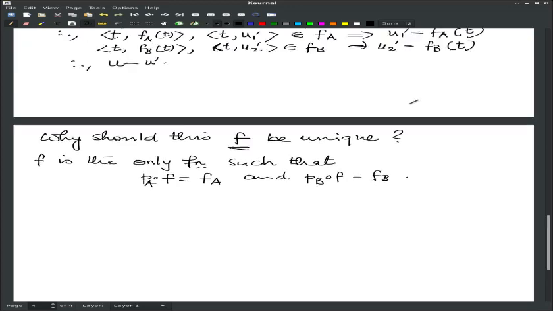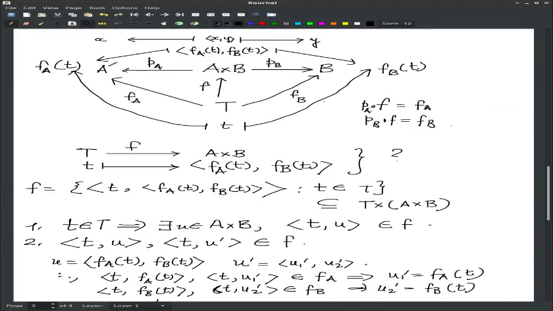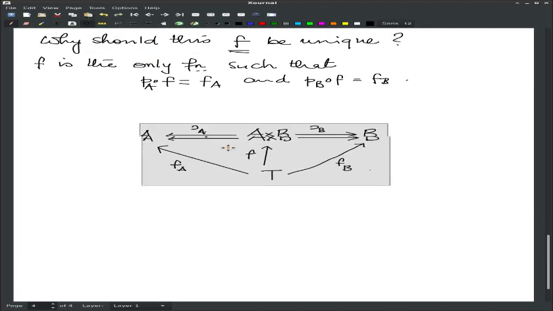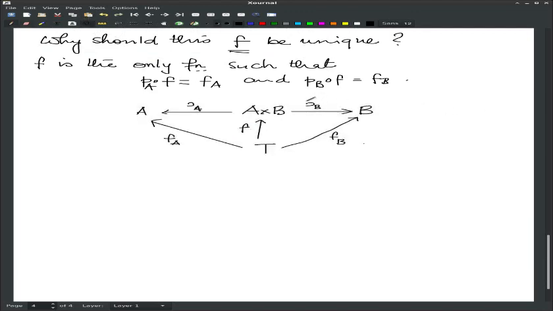So let me draw this diagram again. Okay, so this is the story. So that is what I am saying. So you see now here it comes that commutativity and so on, but we'll go to that feature next. So how do we show that?